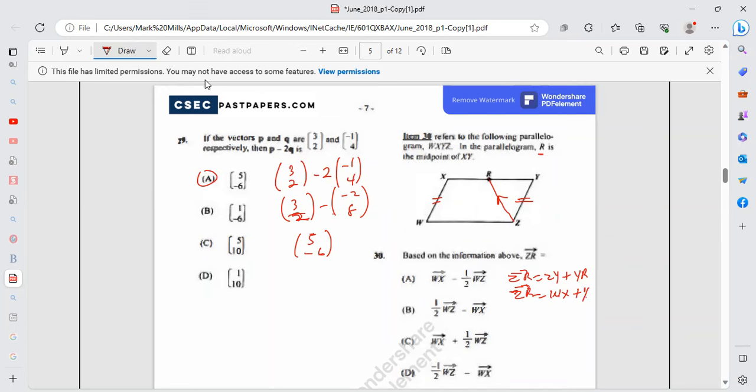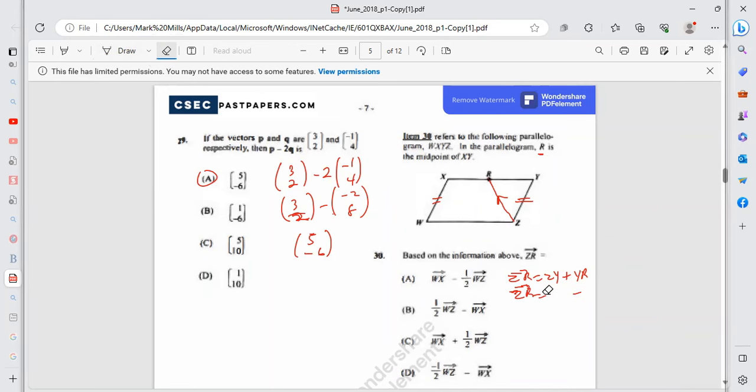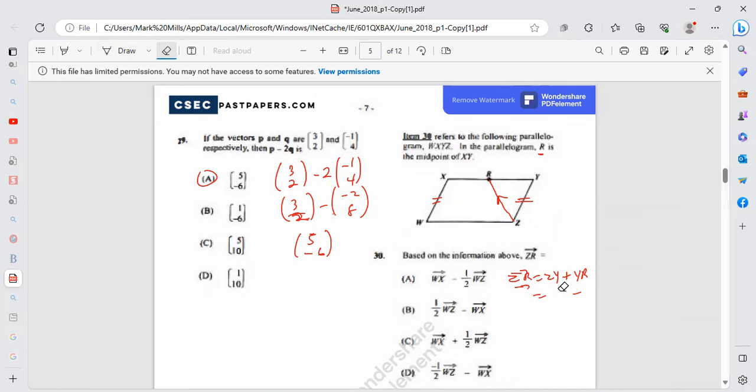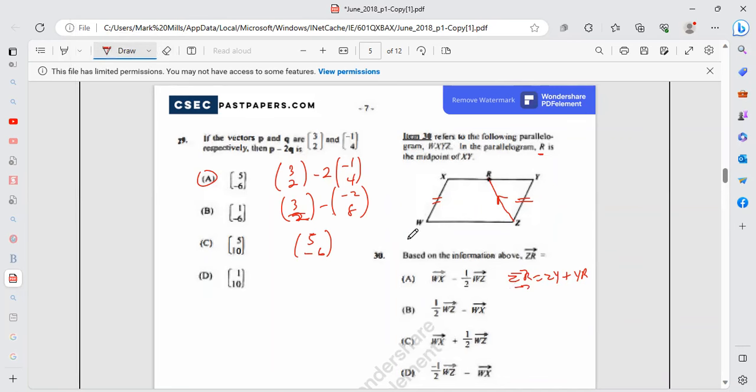Okay, so I have to clear this one a little bit. It can't hold. So here we are going to get ZR will be equal to WZ, which is the ZY, which is saying WZ, right?